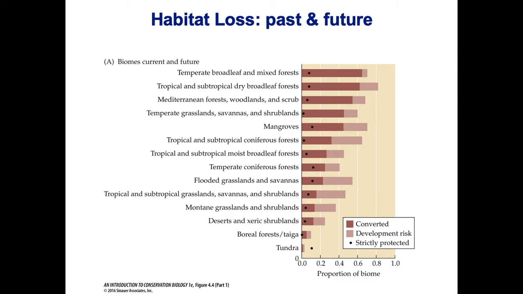This shows a similar idea, but it has dots showing what's strictly protected. And you can see that if you look at all these different groups, they tend to have a very small proportion that's strictly protected. And things that are a development risk, you can see some of these are quite high.